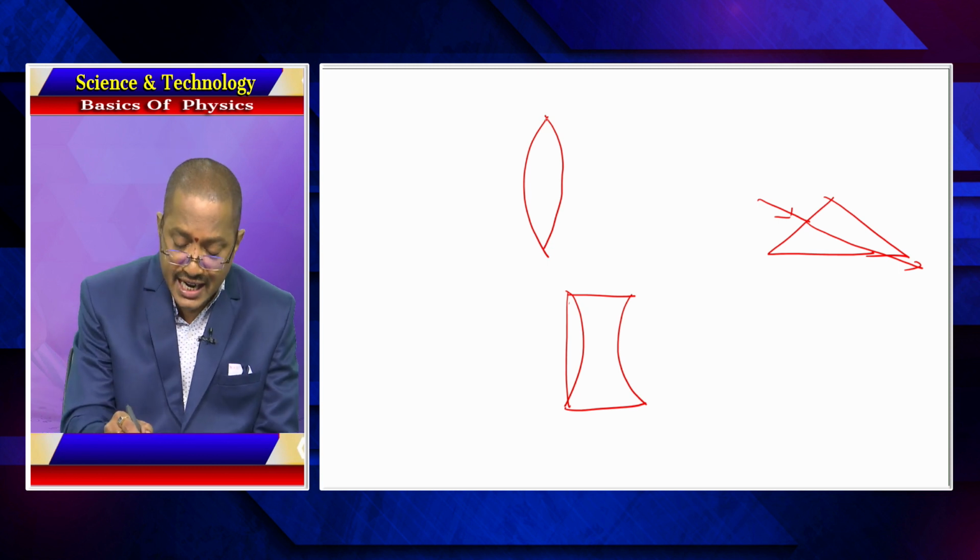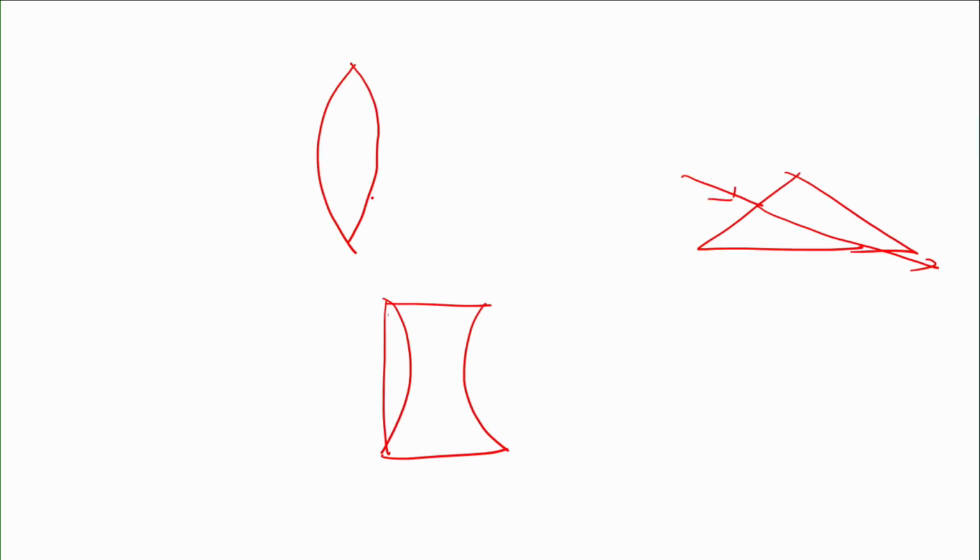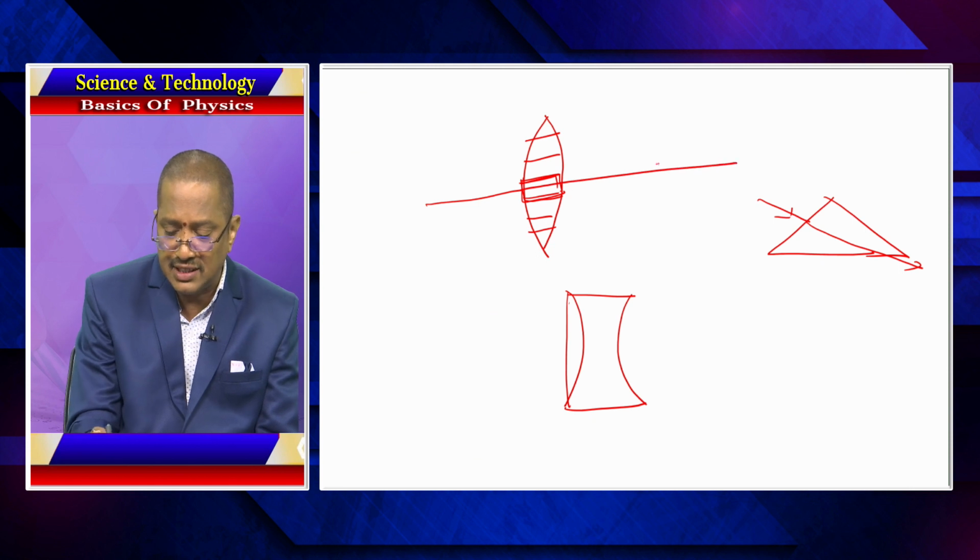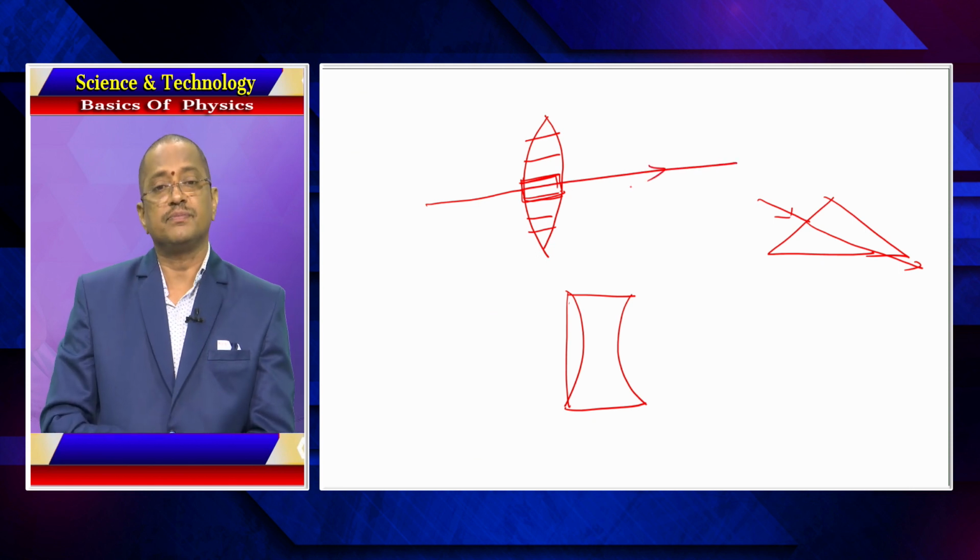When you take a convex lens, we can split it into some parts. The middle one is exactly like a glass slab. When the light ray is incident on this part, it travels without any deviation.